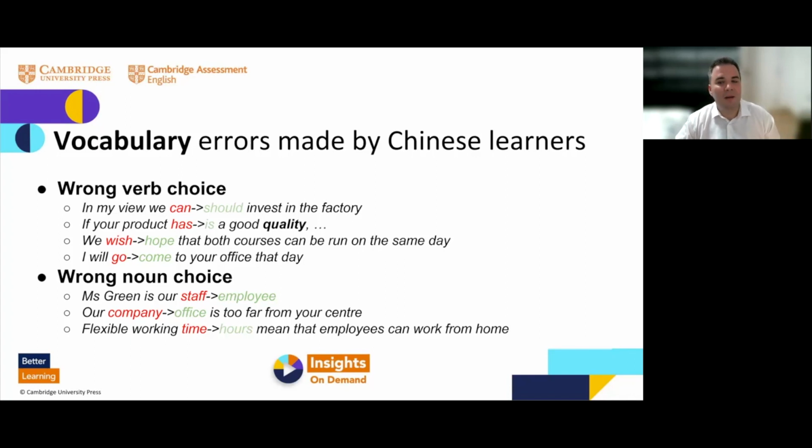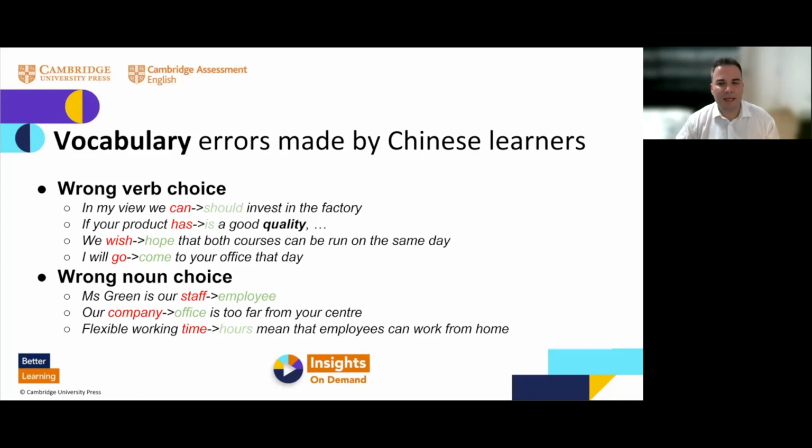"Go" and "come" are often confused. In this case, "come" is used when it's assumed that they will meet at the target place, while "go" assumes they won't necessarily meet.